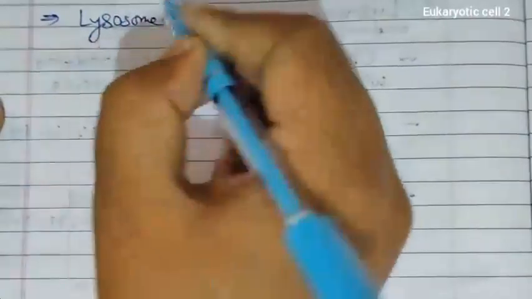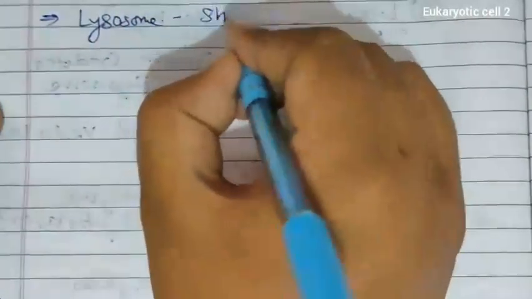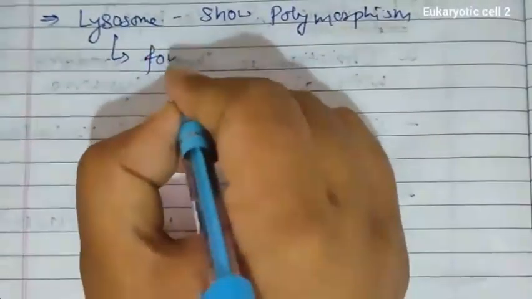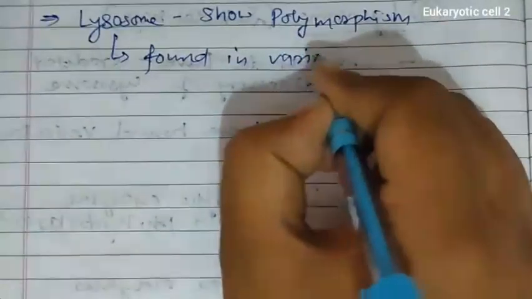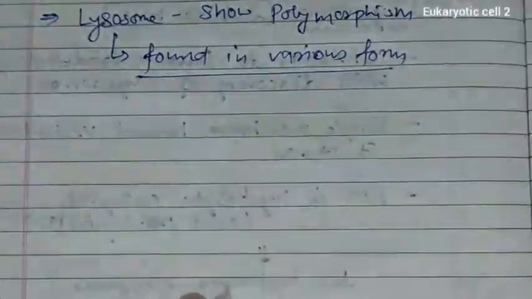It is known that lysosome show polymorphism. Now polymorphism means they are found in various forms. They are found in various forms, so it is known as polymorphism.